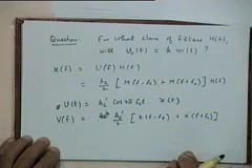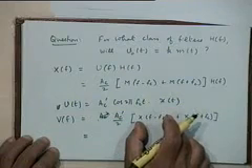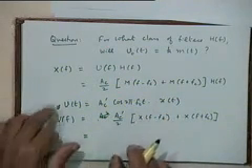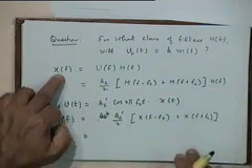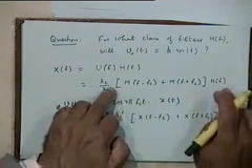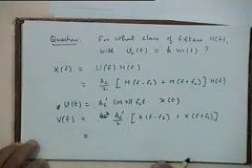How many terms will I get now? Four terms. I'll shift each of these two terms: X(f minus f_c) gives 2 terms, and X(f plus f_c) gives another 2 terms, so you'll get 4 terms.